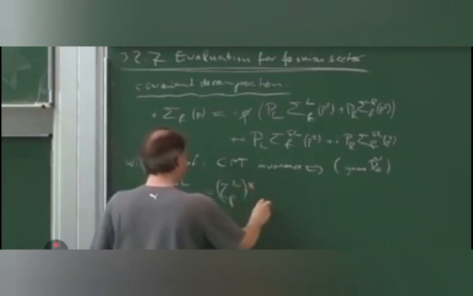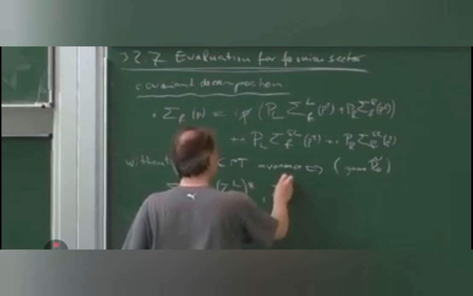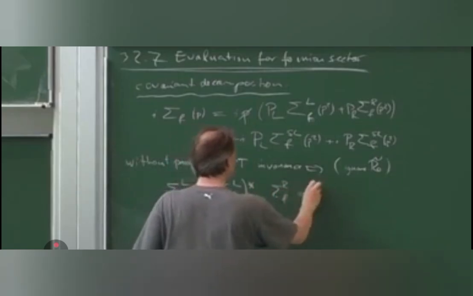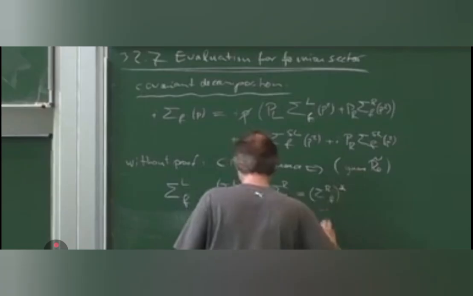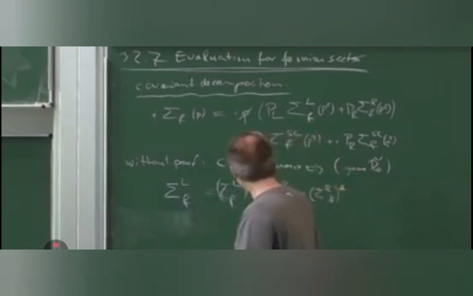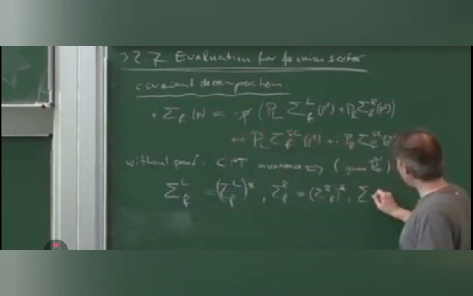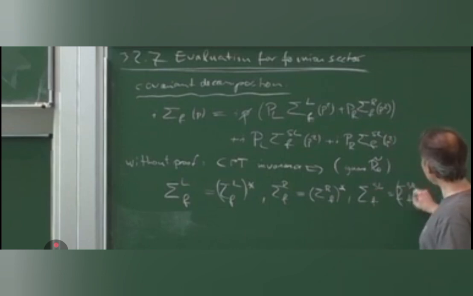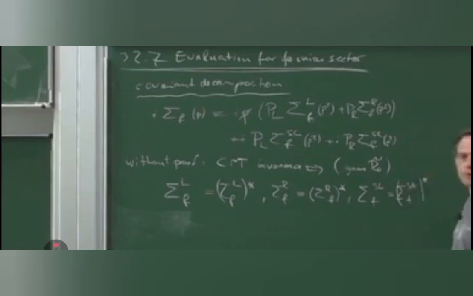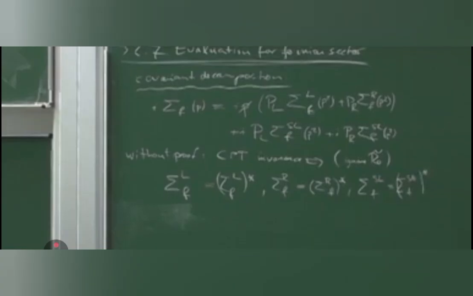The same with R. Sigma fr is equal to sigma fr complex conjugated, and the sigma SL scalar left is equal to scalar right complex conjugated. So there are these relationships. So 2 out of them are real, and the other 2 are related by complex conjugation.